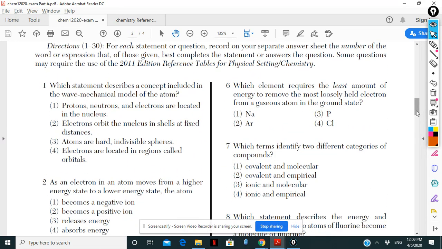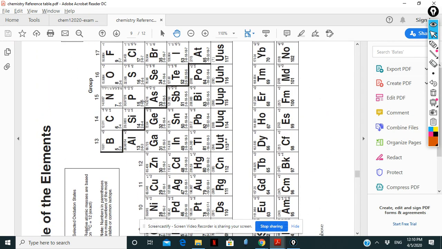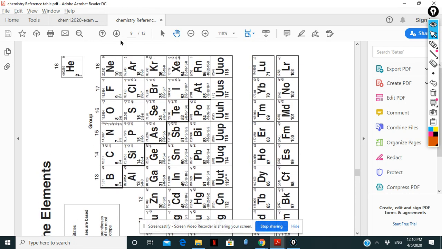Question number 6. Which element requires the least amount of energy to remove the most loosely held electron from a gaseous atom in the ground state? He's talking about sodium, phosphorus, chlorine, and argon, that's period 3.